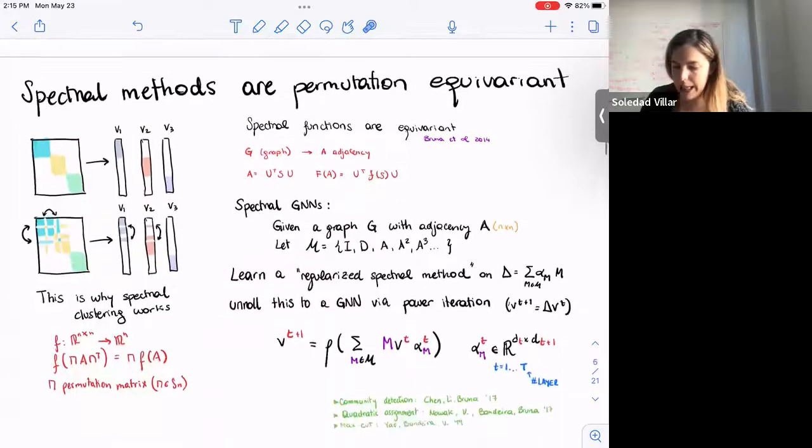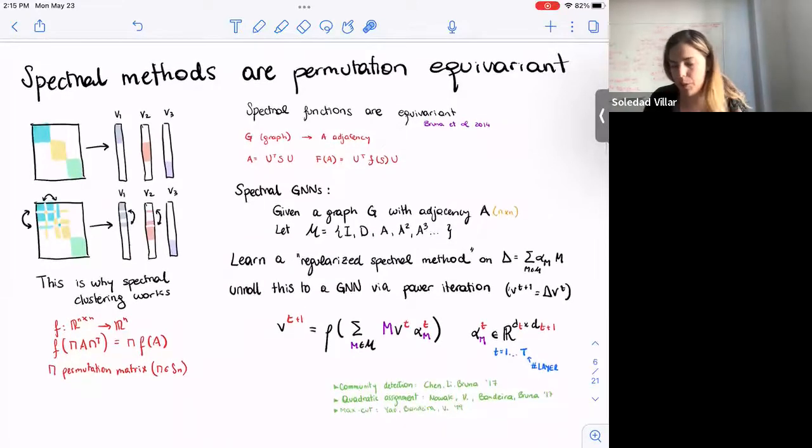Okay. Another form of expressing invariant or equivariant functions on graphs is by doing spectral methods. So the idea is that if you are given a graph represented as a matrix, then if you take the top eigenvectors, these eigenvectors are an equivariant function of the graph, meaning that if I apply a permutation to the rows and columns, then the eigenvectors will have the same permutation applied to them.